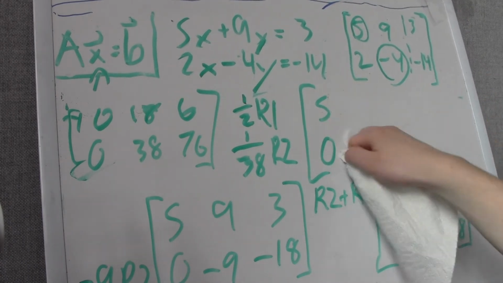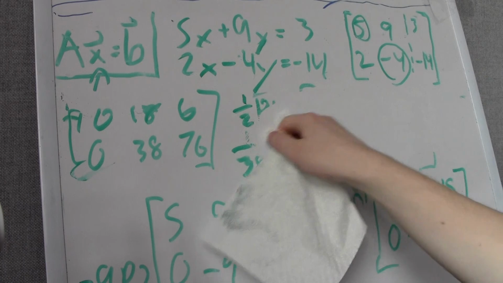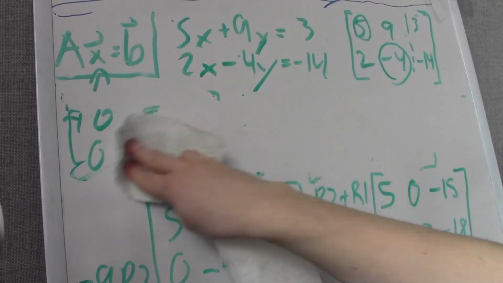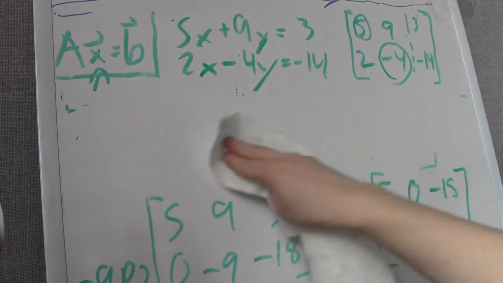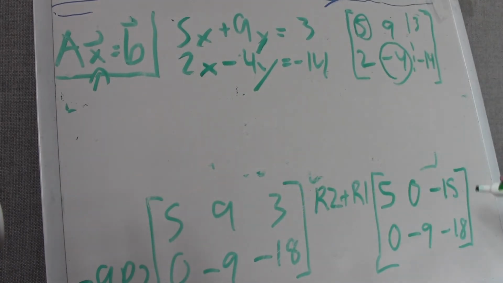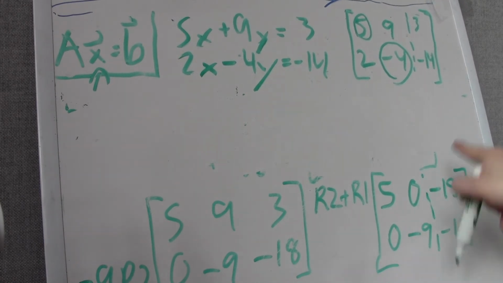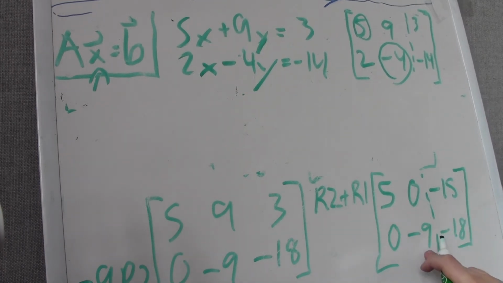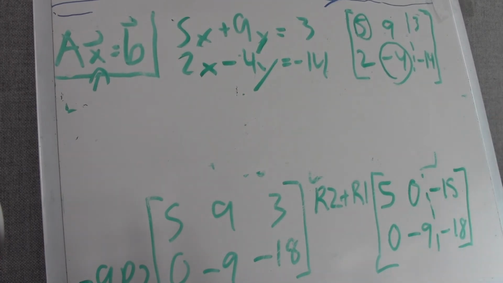Now that we have our zeros, all we have to do is divide out the numbers until we're left with only ones and zeros. This is called reduced row echelon form, when you have a diagonal of 1s and the rest are zeros. So to get this to be 1 and this to be 1, we just divide by itself.